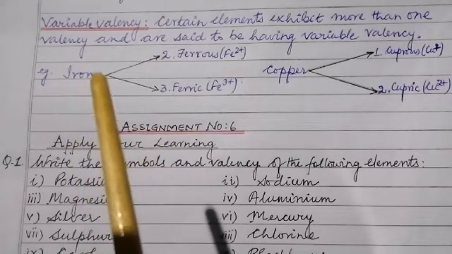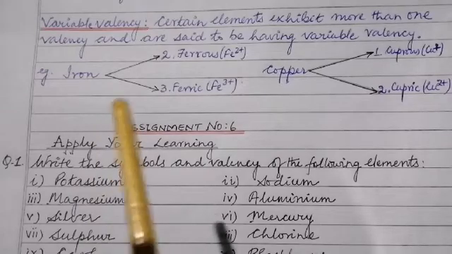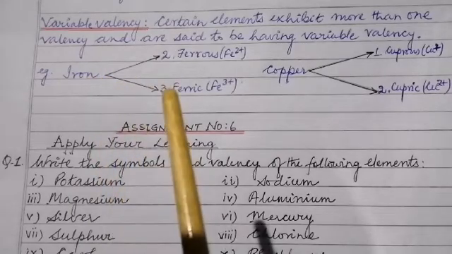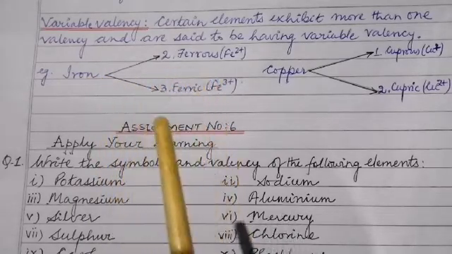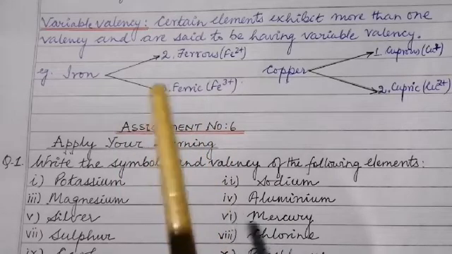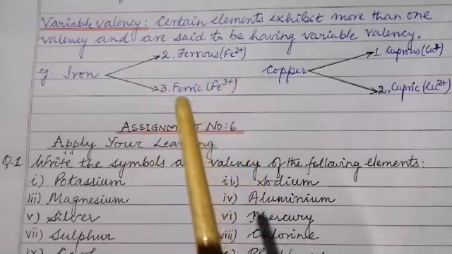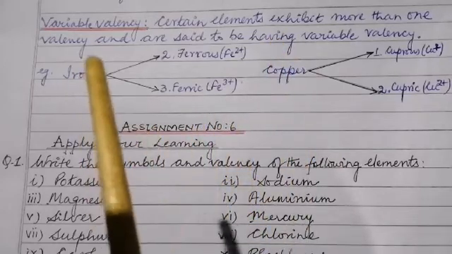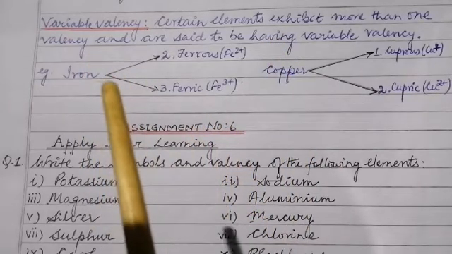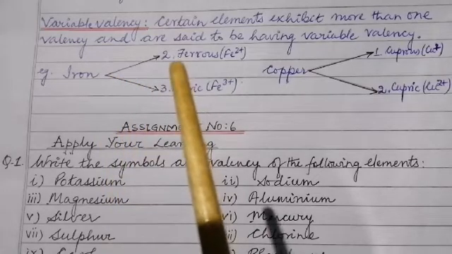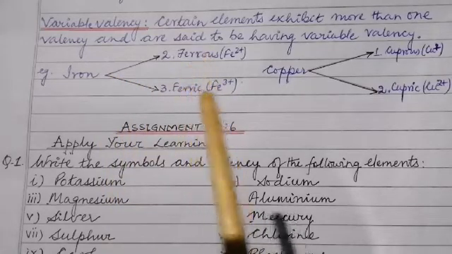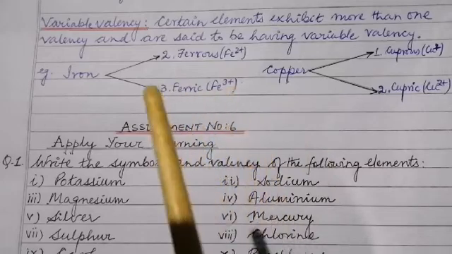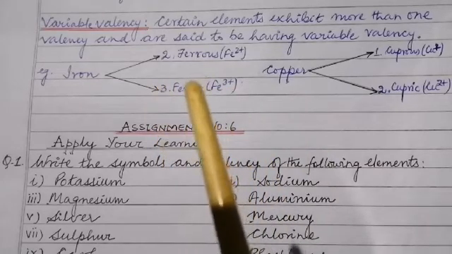For instance, mercury has also variable valency, mercurous and mercuric. Tin, stannous and stannic. Similarly, lead also. Now, what I mean to say is you have to learn, memorize these valencies. There is no other way out.